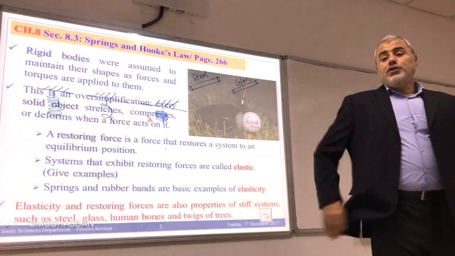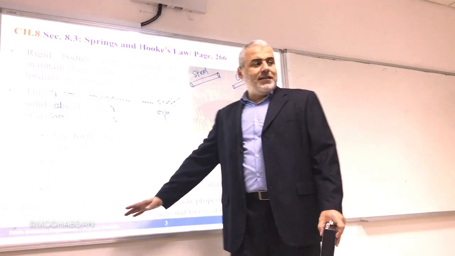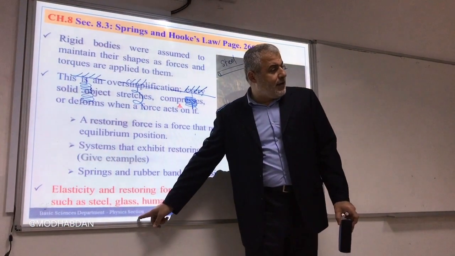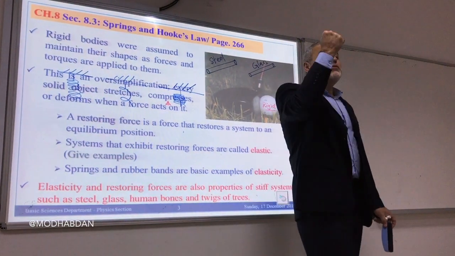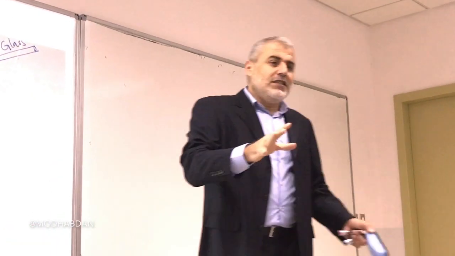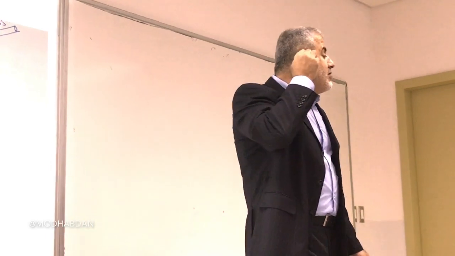By the way, all these we can explain in terms of a field. We say that steel is more elastic than glass. Inside your body, you have two types of bone: spongy and compact. What about the bones inside your ears? It's a cartilage, but it is a kind of bone.